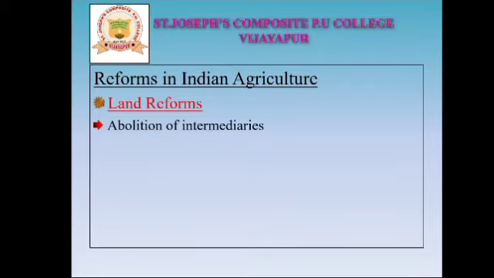The following changes have taken place through these land reforms. First one, abolition of intermediaries. As I said already, intermediaries means zamindars.